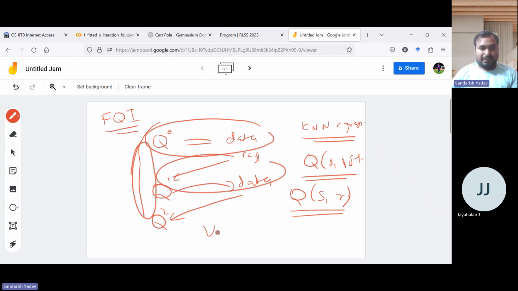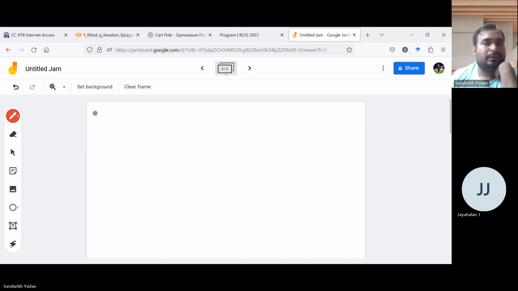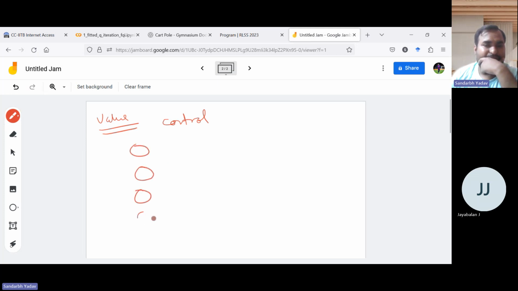Till now we have seen value function based approaches. In value function approaches, if we want to do control, I'll give you just an example. Suppose we have four features.